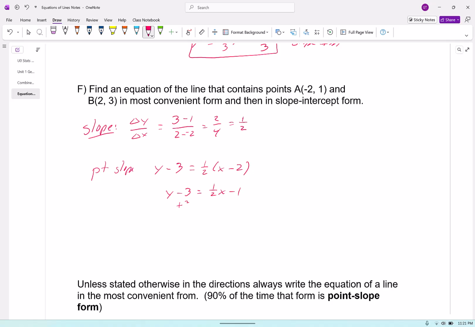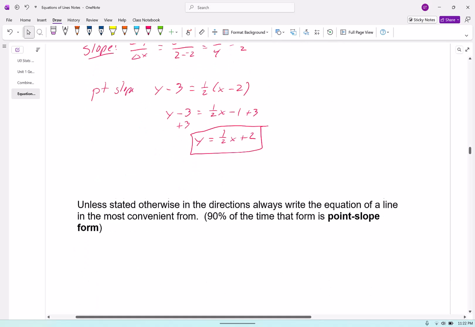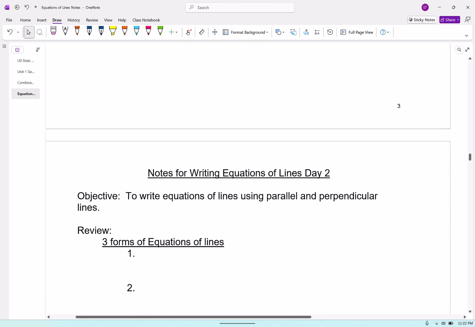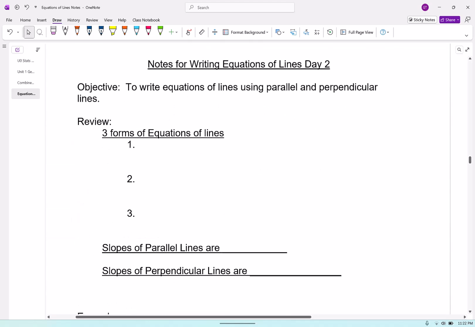I'm going to add 3 to both sides. I get y equals 1/2 x plus 2, and that is my slope-intercept form. So it's good to see this: you're going to use that more often than not, but not every single time. We're going to keep going on to this set of notes.